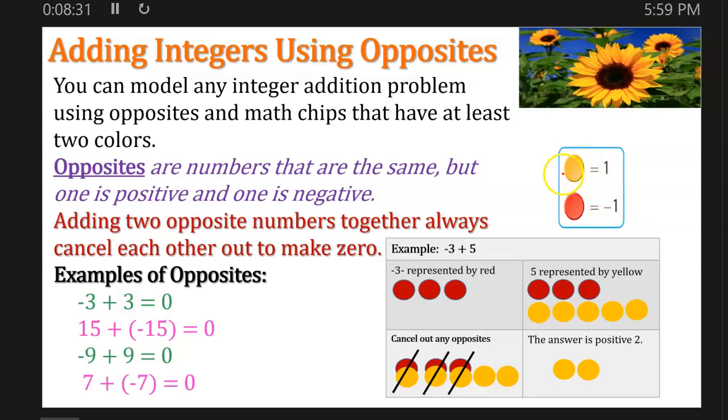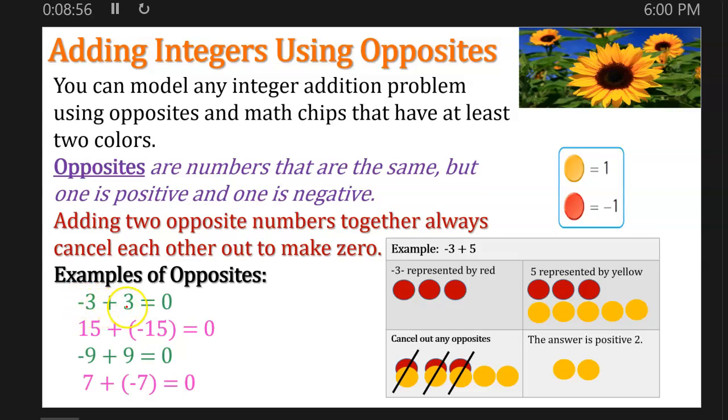I have made the positive 1 be represented by the yellow math chip and the negative 1 be represented by the red math chip. Adding 2 opposite numbers together always cancel each other out to make a 0. This is important when you're using these math chips: opposite numbers cancel each other out. So here's examples of opposites.